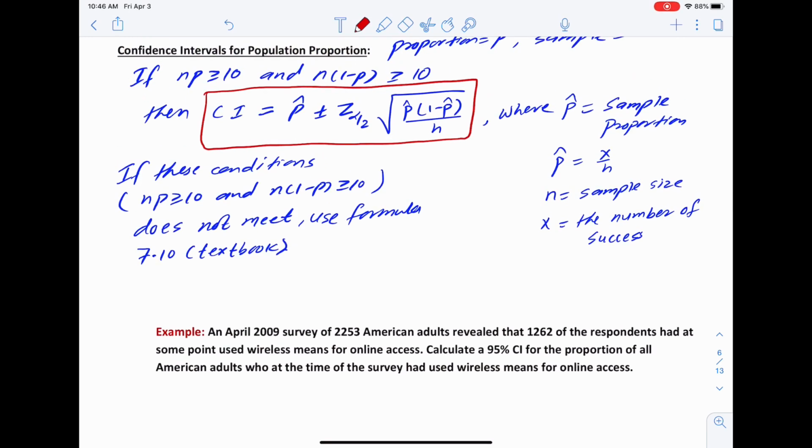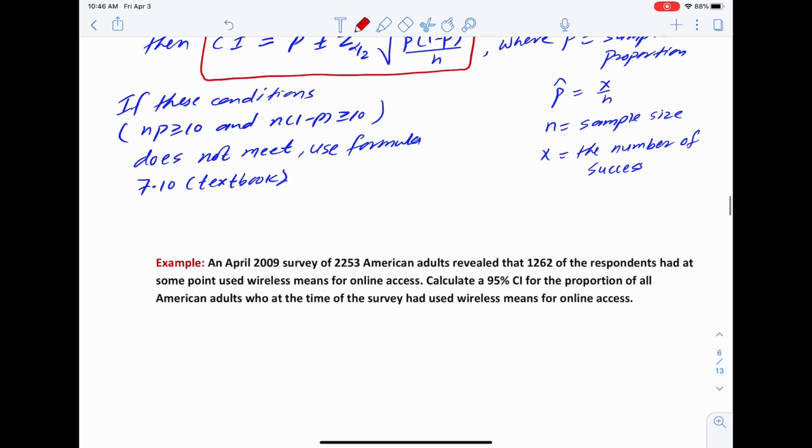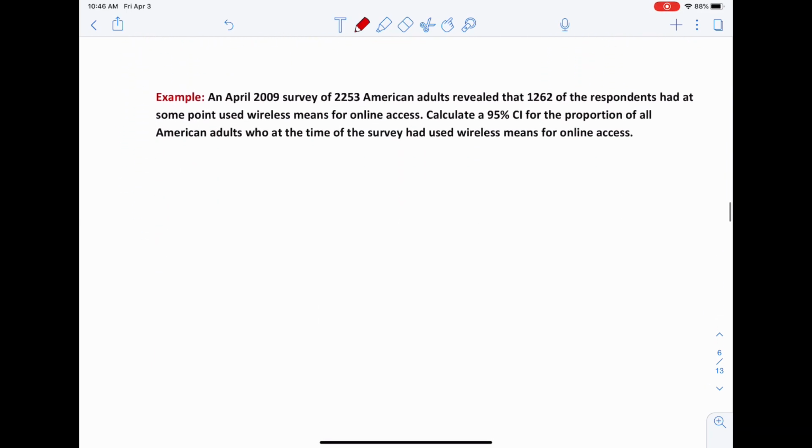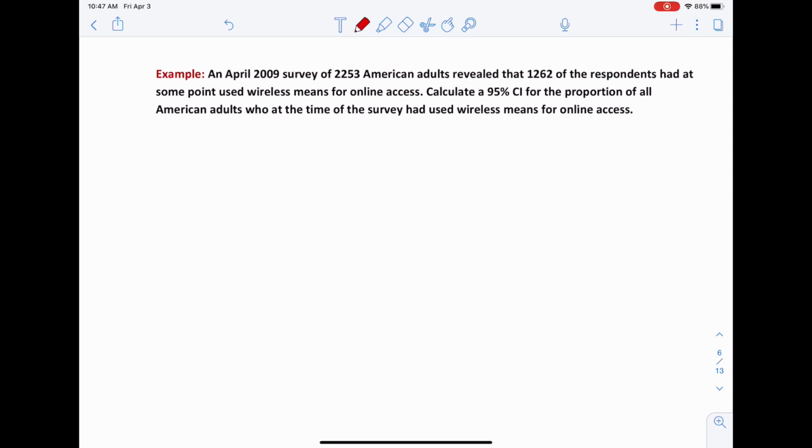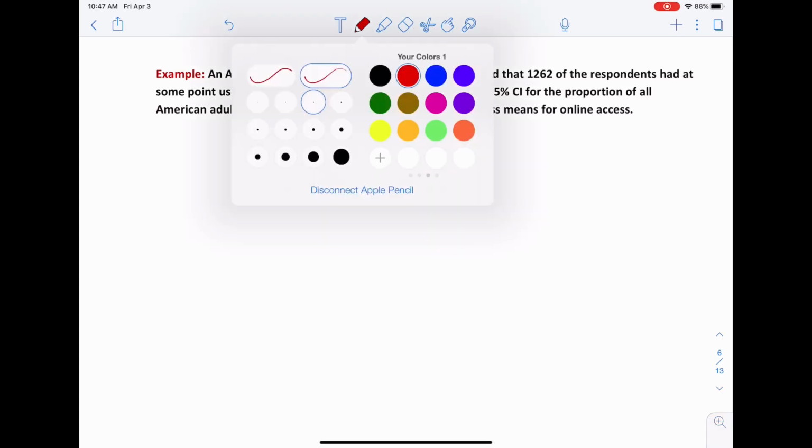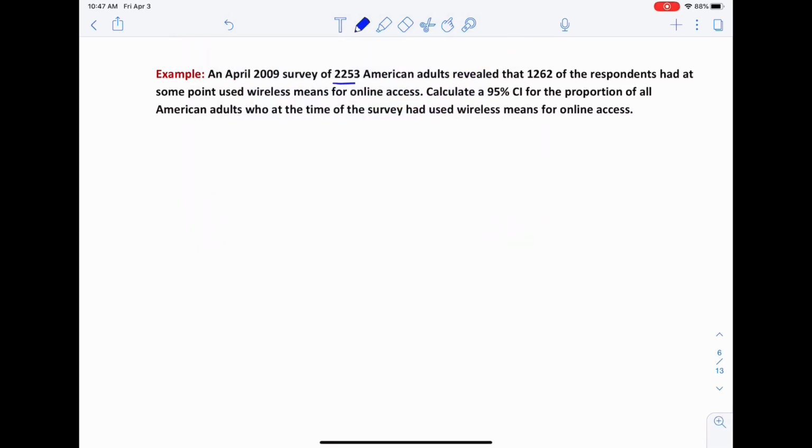Now let's see some examples. An April 2009 survey of 2,253 American adults, so that's our N, revealed that 1262 of the respondents had at some point used wireless means for online access.